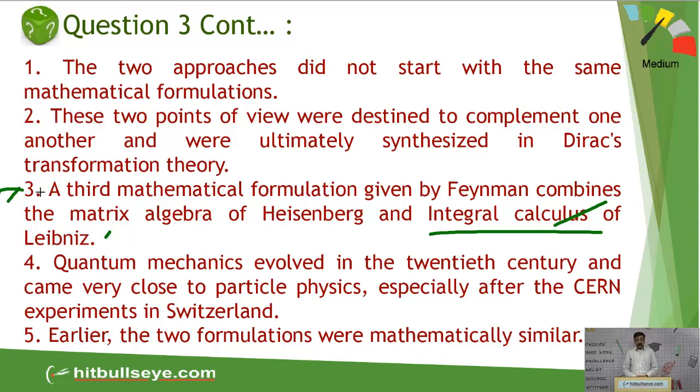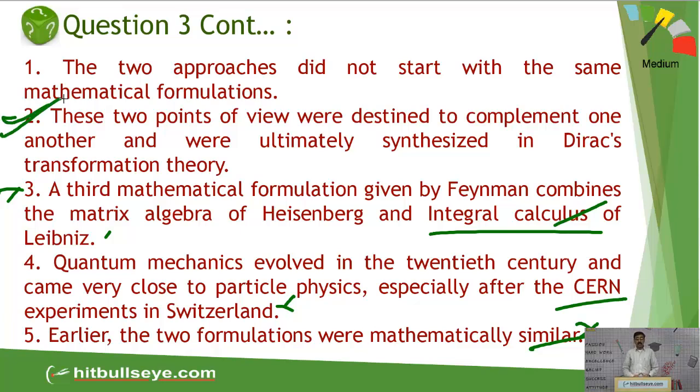Quantum mechanics evolved in the 20th century and came very close to particle physics, especially after the CERN experiment. That happened recently, so we cannot make this out from the given context. So rejected. Earlier two formulations were mathematically similar. Now this is factually wrong. They were quite dissimilar.